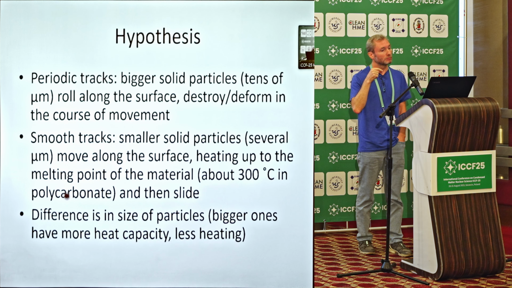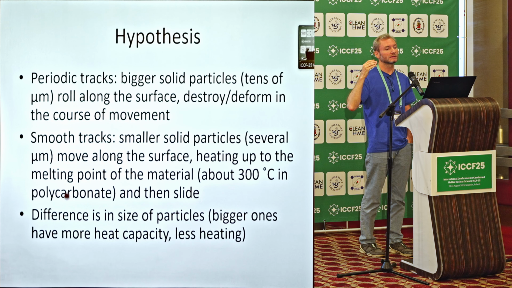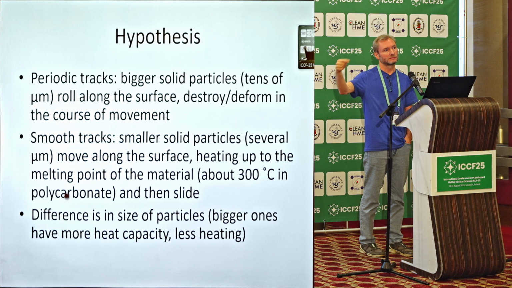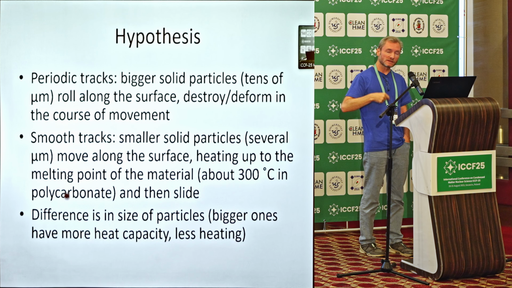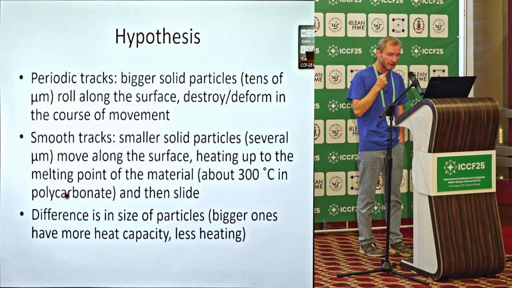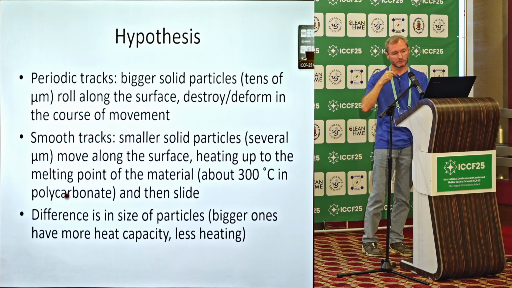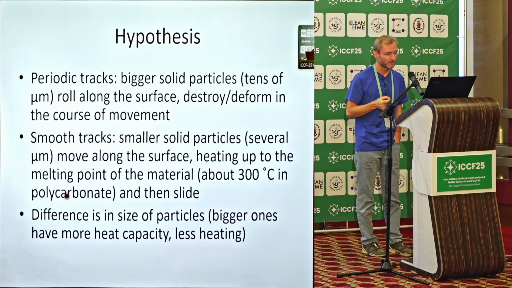When some bigger solid particle, about tens of microns, is rolling around the surface, it destroys the forms and we can see some periodical track. What are smooth tracks? When the particle is smaller, it has more heating due to less heat capacity.